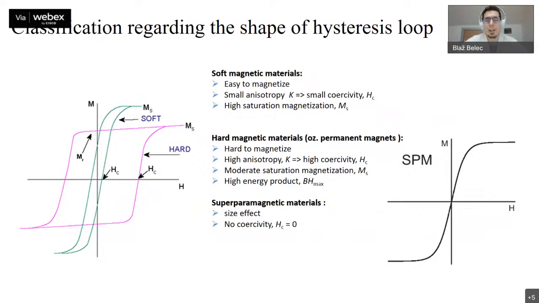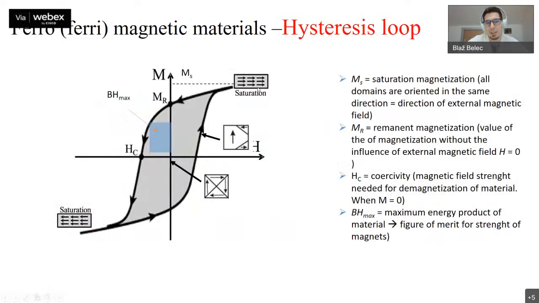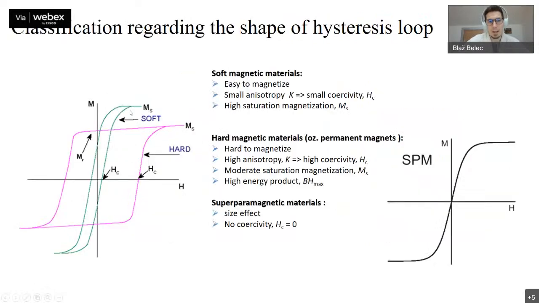So we need a small magnetic field to reach saturation magnetization. And their hysteresis loop is really narrow, but quite high. Because a small magnetic field is needed for magnetization, we need also a small magnetic field for demagnetization, and this coercivity is quite low.